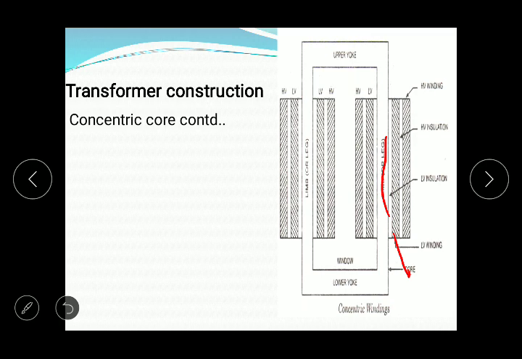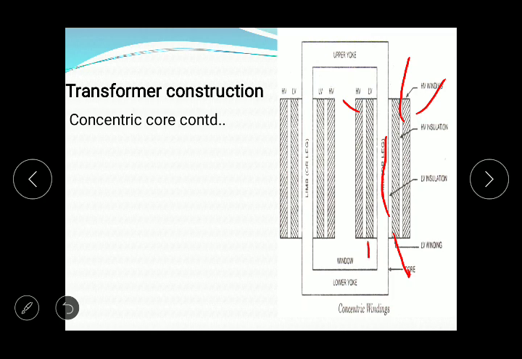After the LV winding it is insulated, then the HV winding is wound.